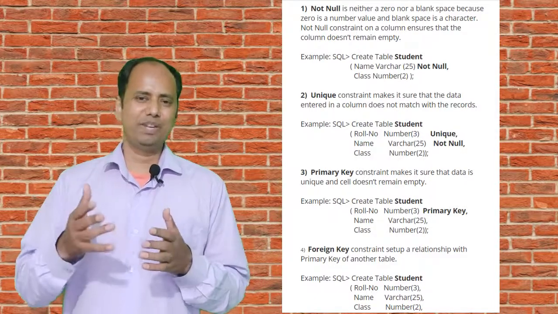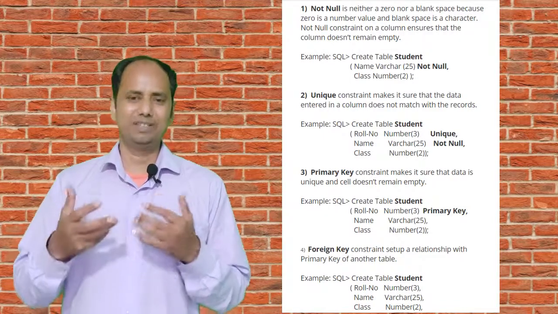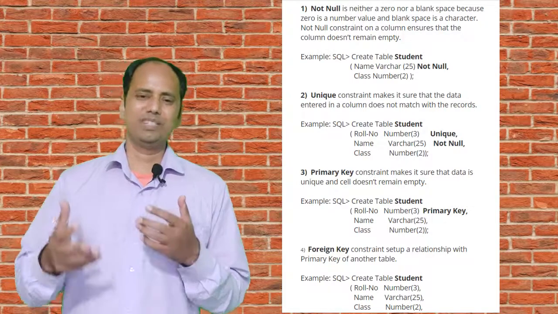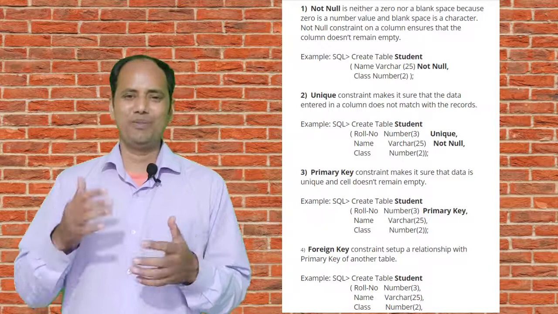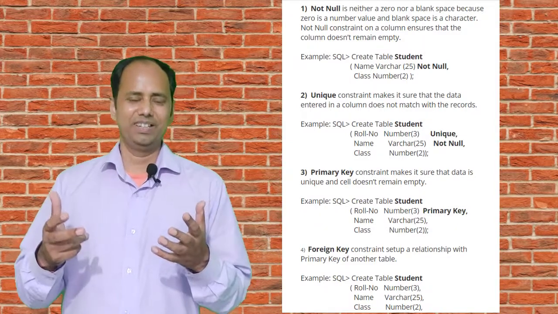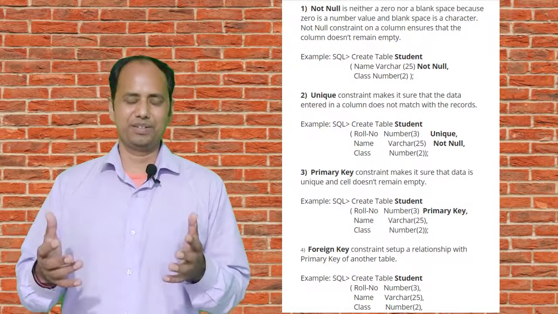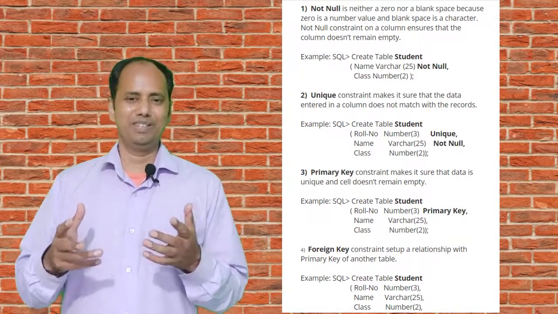So this way it will accept all the unique values, and if anyone enters a duplicate value, it would not accept this. So in the same way we can use primary key, foreign key and check for putting some limitations, restrictions. So I think now it is clear how we can use a constraint.